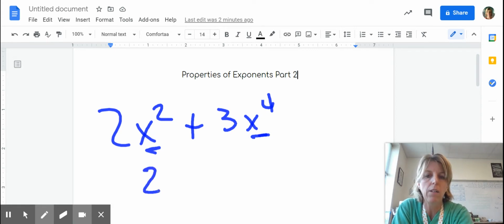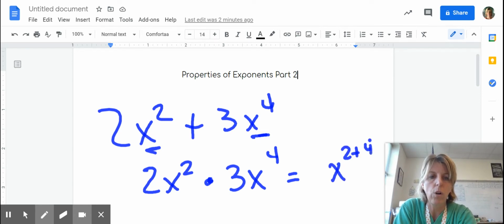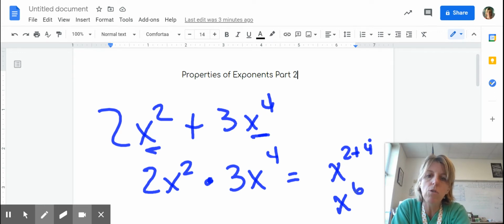What if I multiply? What if that's 2x squared times 3x to the fourth? What if it's multiply, not add? If it's multiply, I can do it. When you multiply, you add, right? So I know this is going to become x to the 2 plus 4, or x to the 6th. But what do you do about the coefficients?